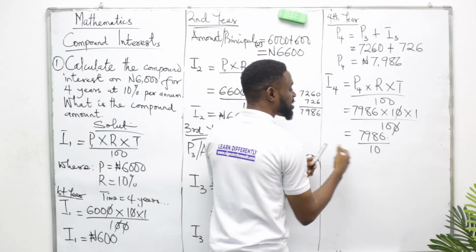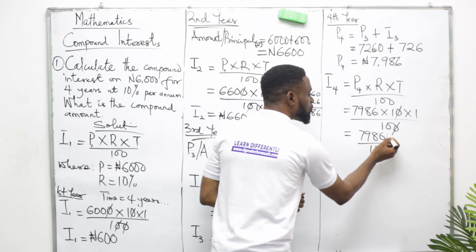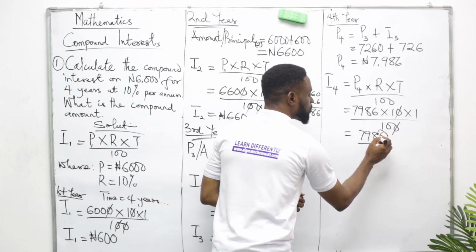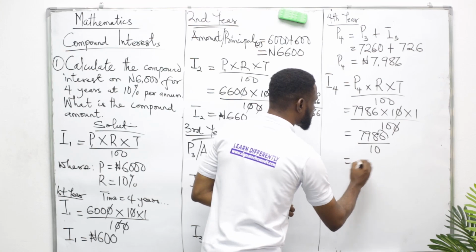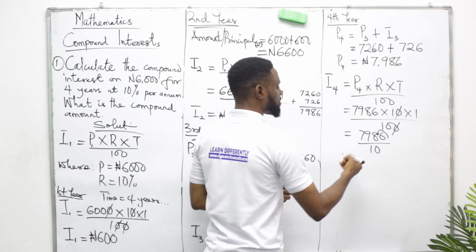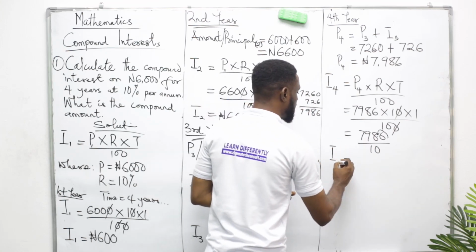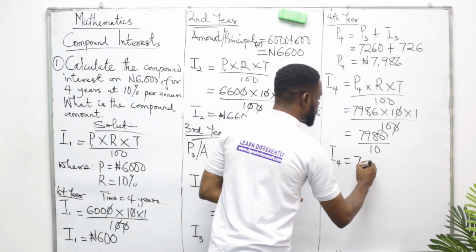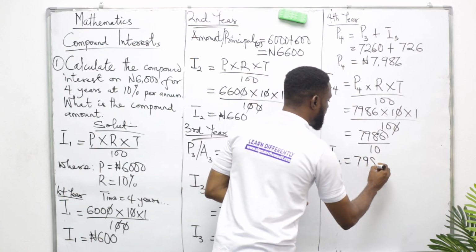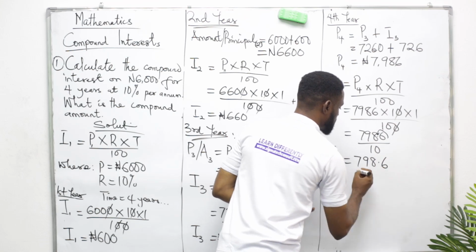Here we have just one 0, so the point will move back one place. So the interest for the fourth year will be 798.6 naira.